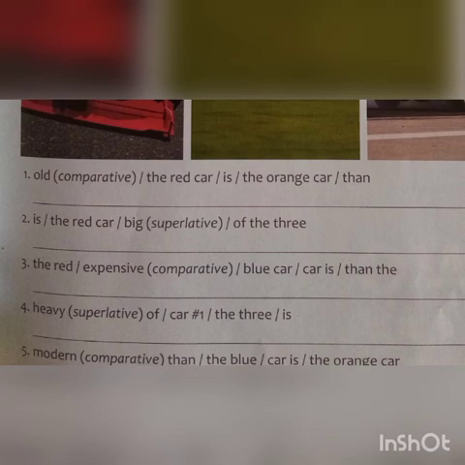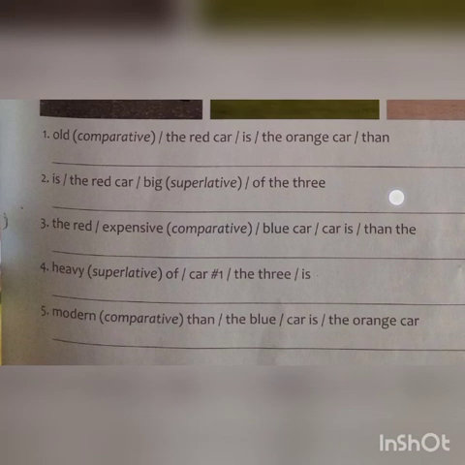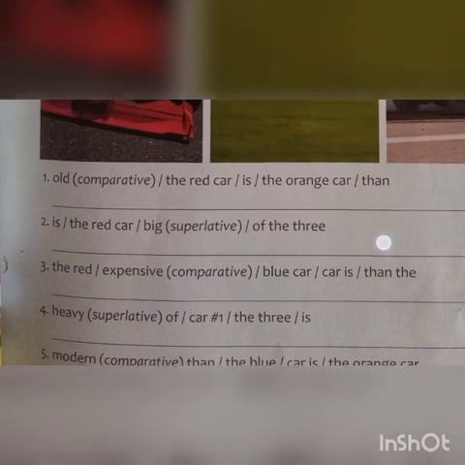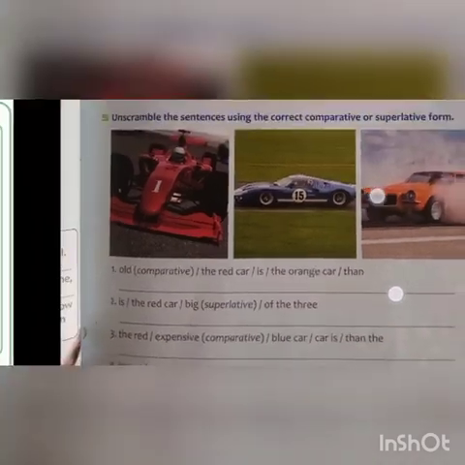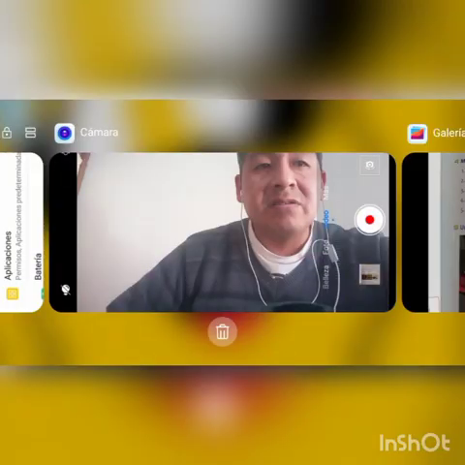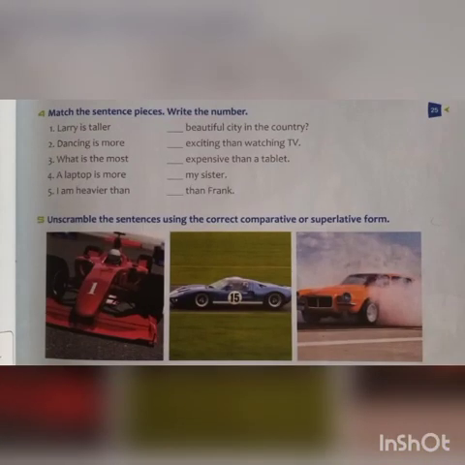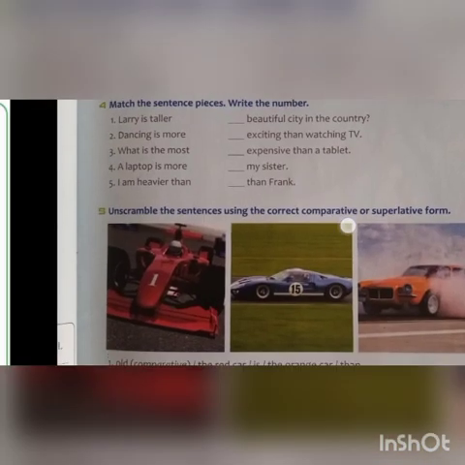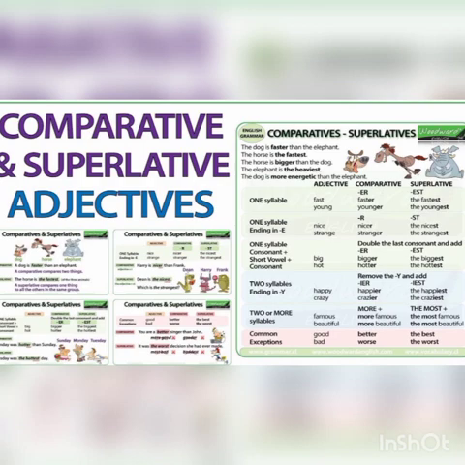So please, you have to complete these five exercises, five sentences, using the rule of comparative forms. This is the explanation of comparative and superlative.